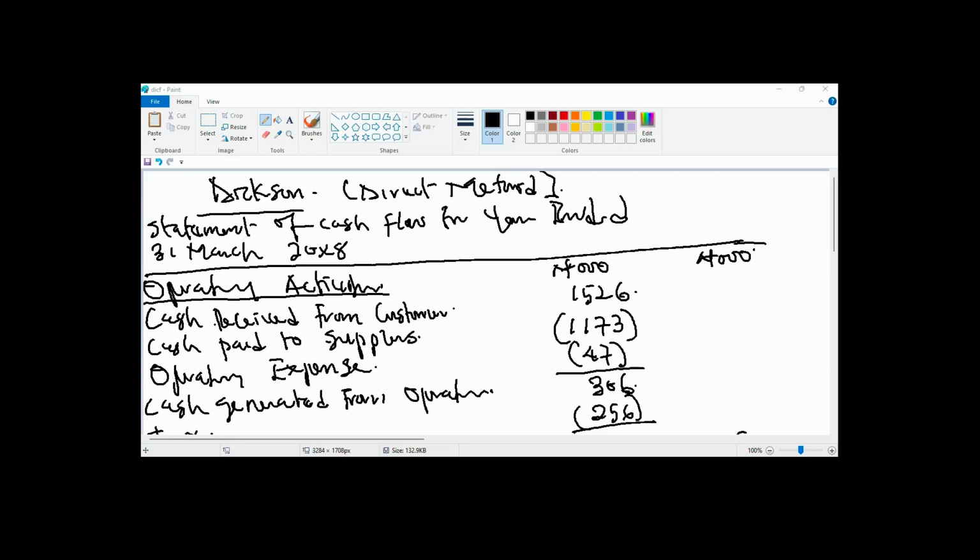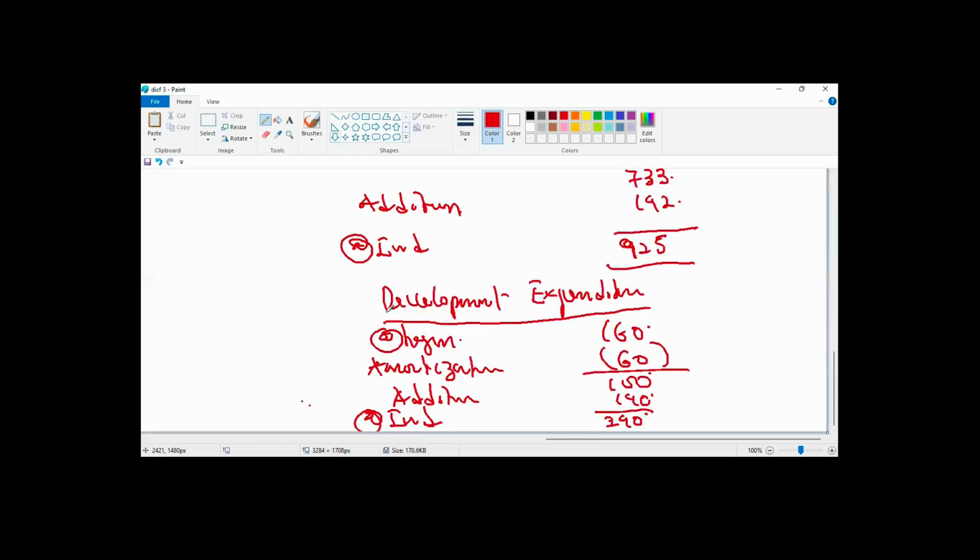Let's do the one that has accrued expenses, or prepaid.